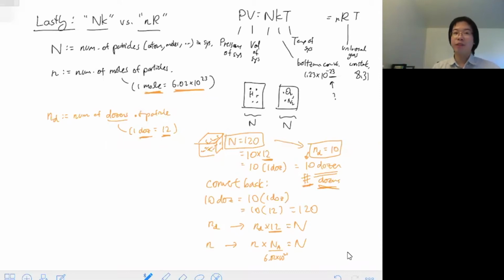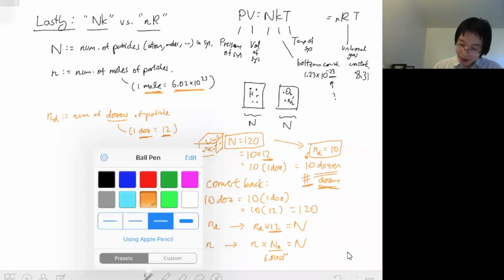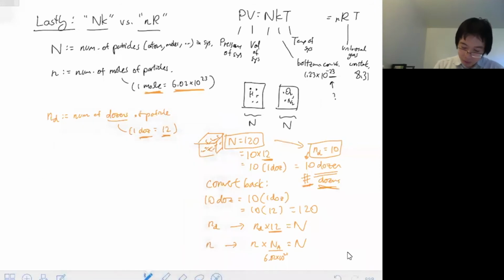If they tell you how many particles are in the gas, then again, you're making your life difficult if you use the moles version, so just use the other one. Here's a nice check at home for you. Check that nR equals Nk. This is actually identical to, I'm going to emphasize it with the three-stroke equal sign, okay?